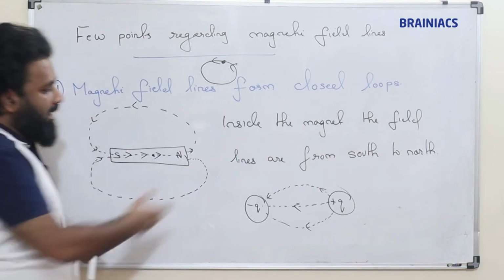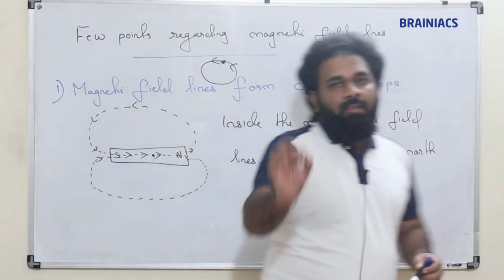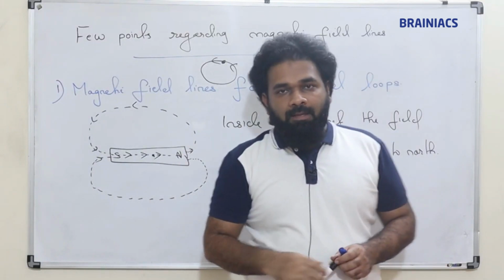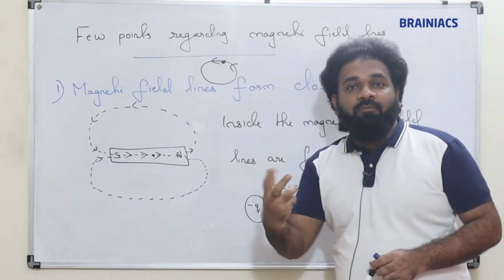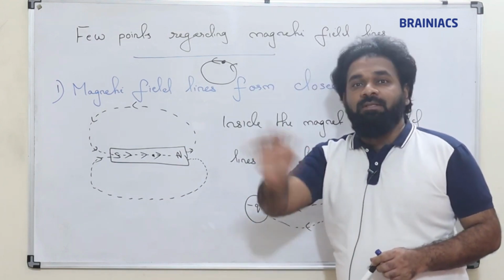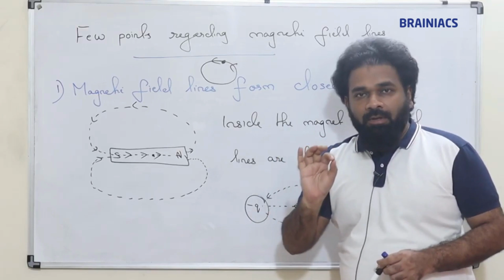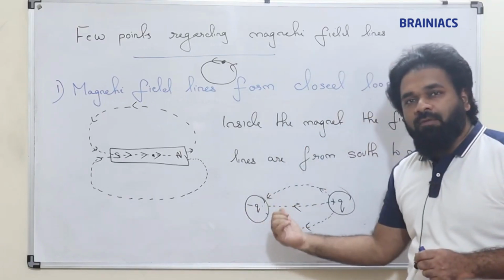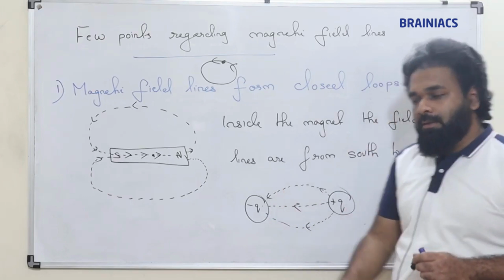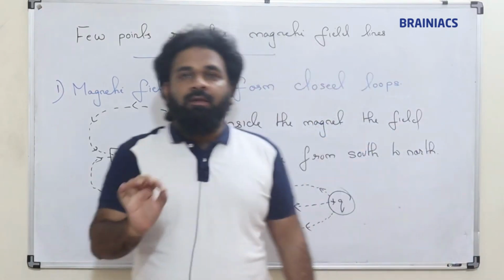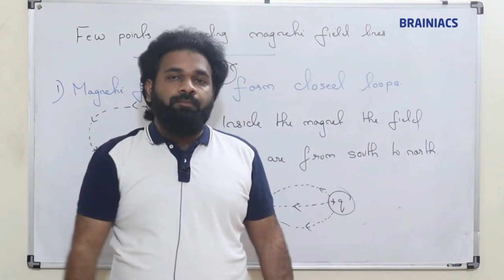Okay. In the electric field itself, I shall tell you one exception. This electrostatic electric field is due to charge, which we study in the chapter on charges and electric field. But there is one case where the electric field forms closed loops.